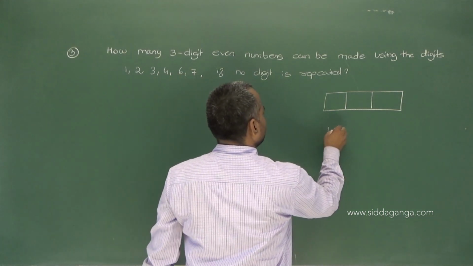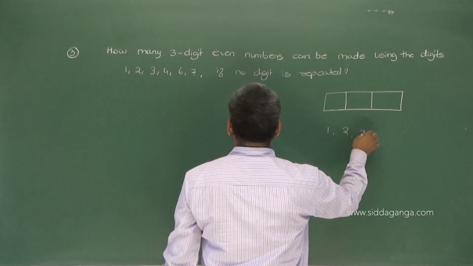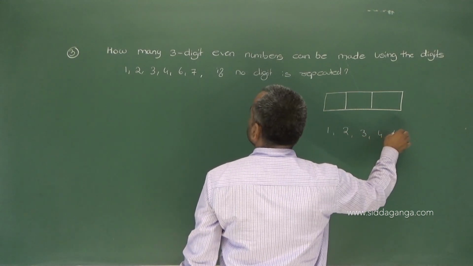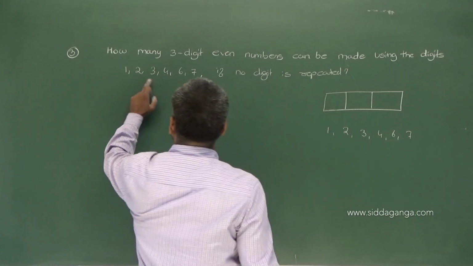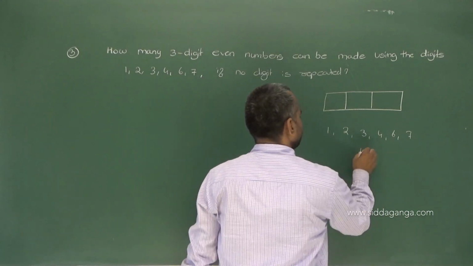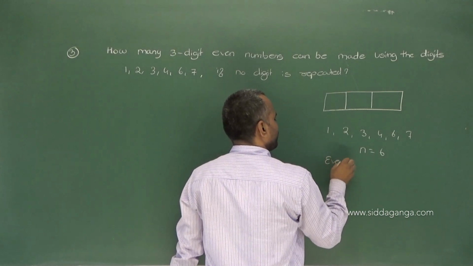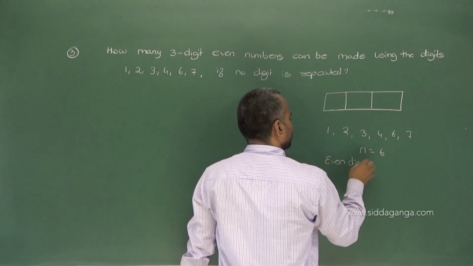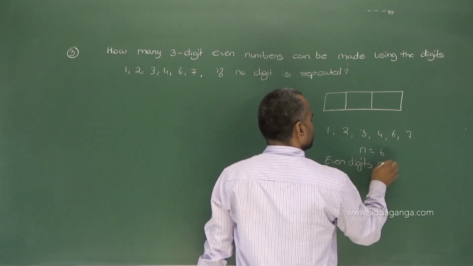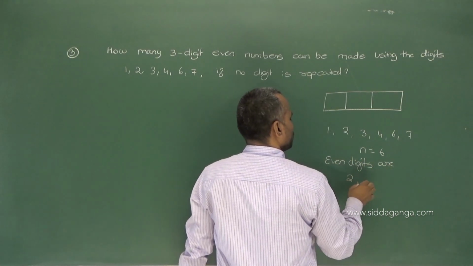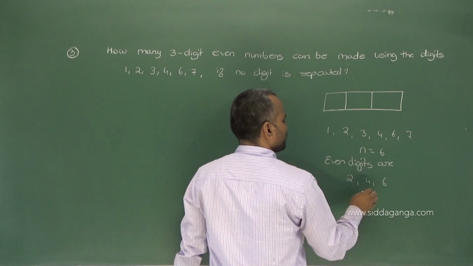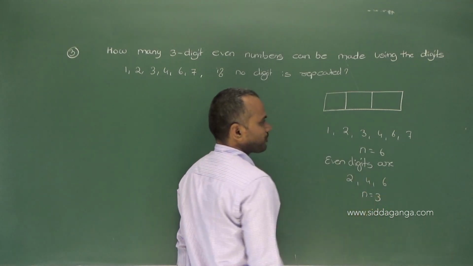The digits are 1, 2, 3, 4, 6, 7, so n is 6. The even digits are 2, 4, 6, so n is equal to 3.